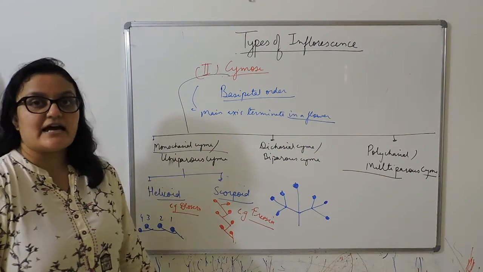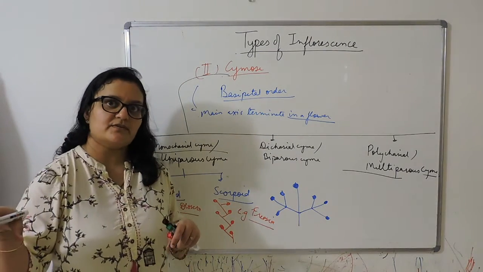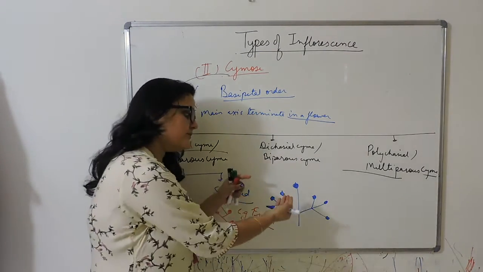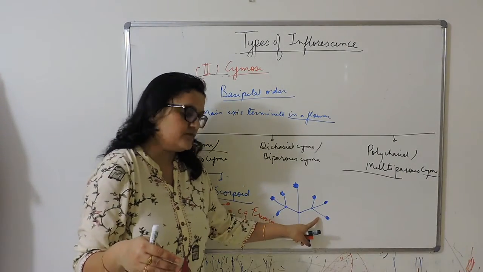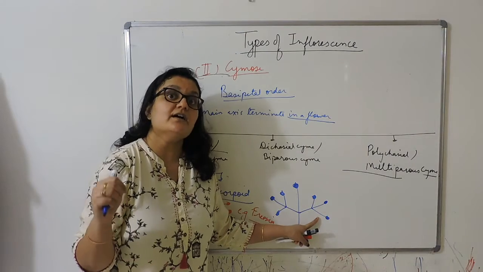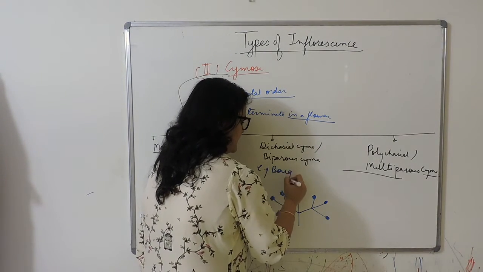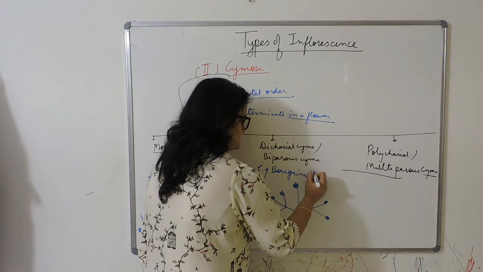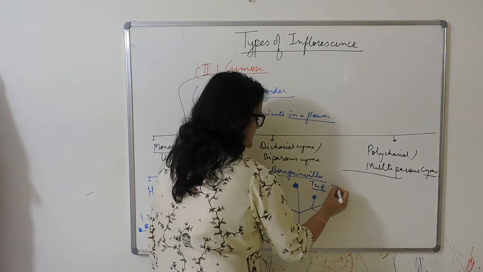This is the dichasial or biparous cyme, in which the branches formed also terminate in flowers. Again, from those branches lateral flowers are formed. Examples: Bougainvillea, teak, jasmine.